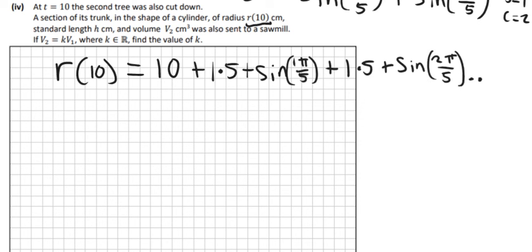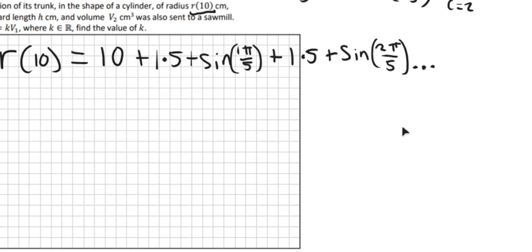And then it keeps going on, so we could write them all out. You'd only have 9 of them to write out, but it's a good bit of writing still. And it'll go right up until 1.5 plus sine of 10 pi over 5.